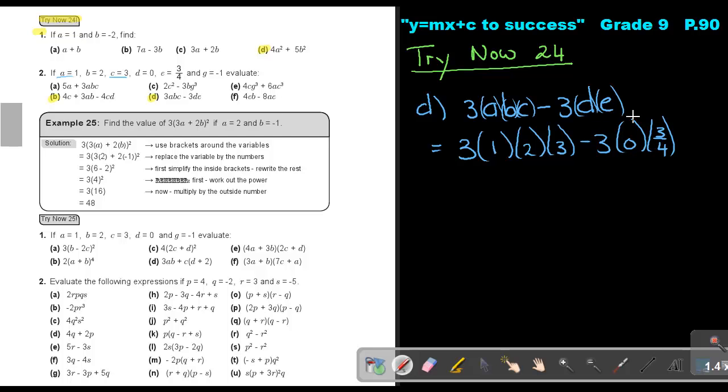Oh, luckily that will become 0. So you don't have to deal with the fraction. So 3 times 2 is 6 times 3, that is going to give me an answer of 18. And then as soon as I multiply with a 0, everything becomes 0. And this answer is also going to be 18. We will continue with substitution in the next part.